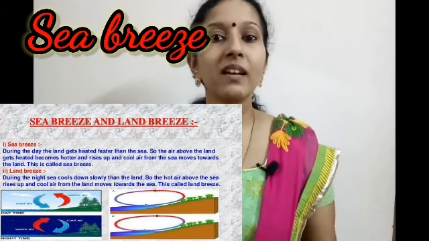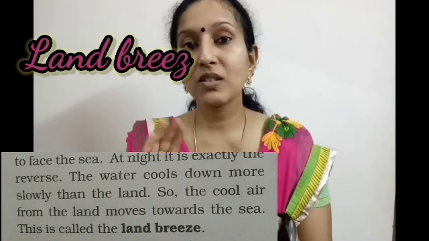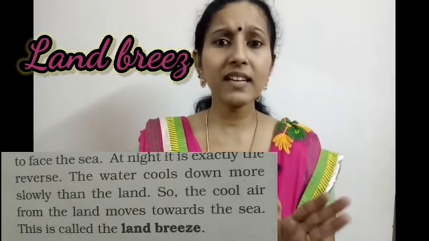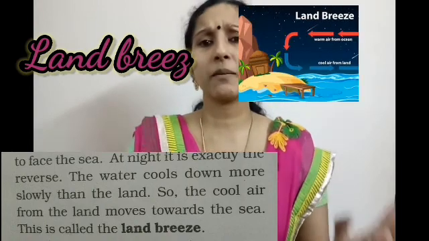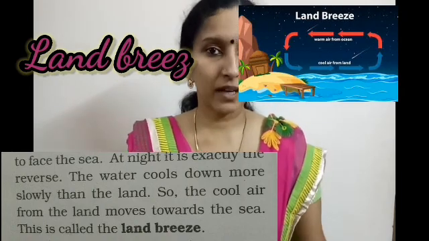Okay. Then what about land breeze? Land breeze is exactly the opposite of the sea breeze. Sea breeze occurs during the daytime, but land breeze occurs during the night time. During the daytime, land becomes hotter than the water.